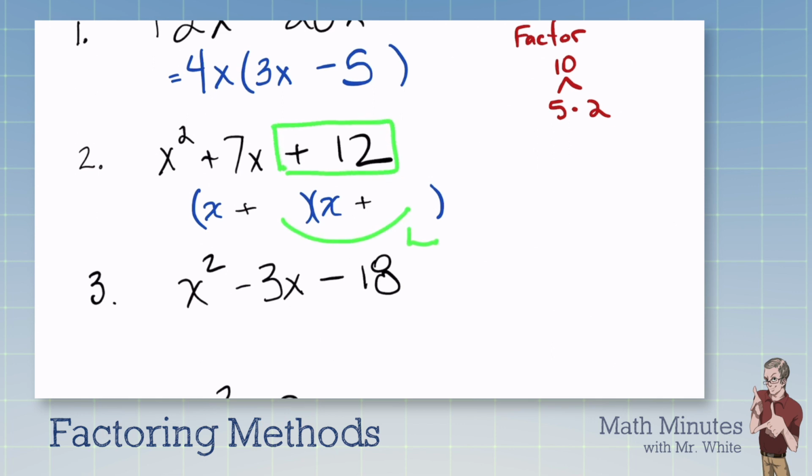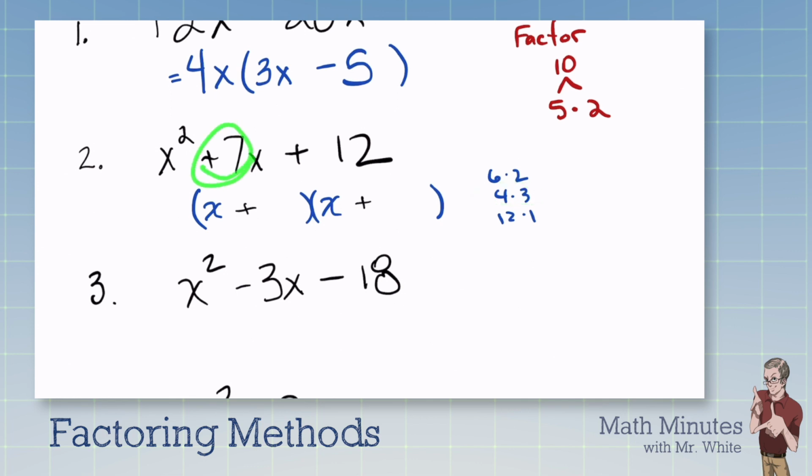So what multiplies to be 12? Let's write it over here. 6 times 2, 4 times 3, and 12 times 1. Which of those adds up to 7? The 4 and the 3 add up to 7, and the 7 came from right here. So it's x plus 3, x plus 4.